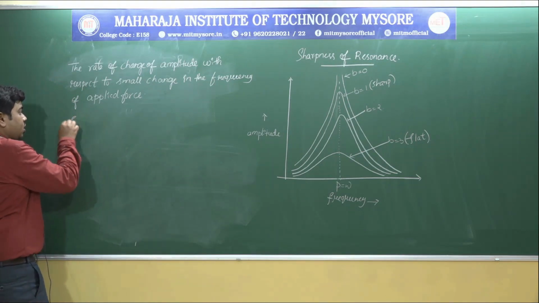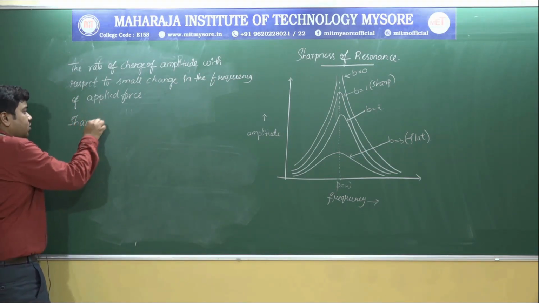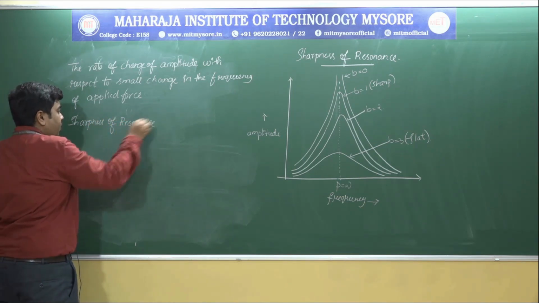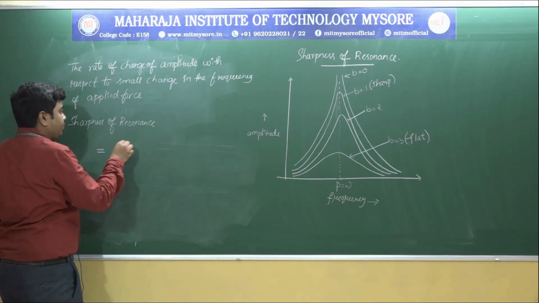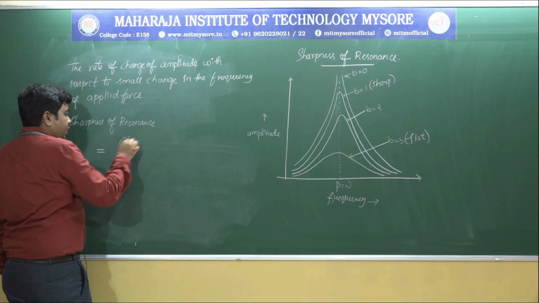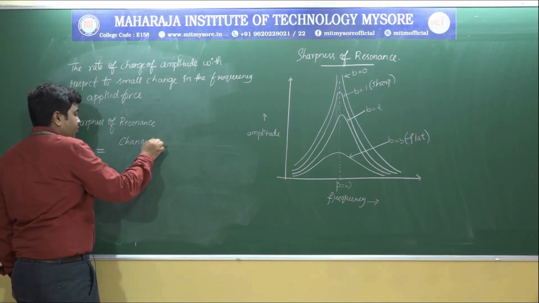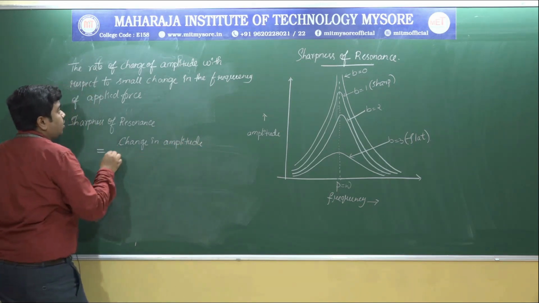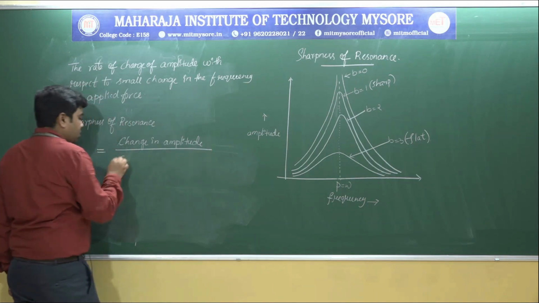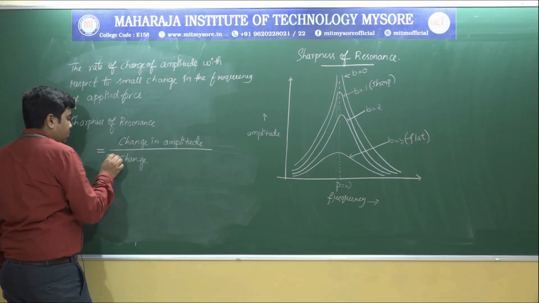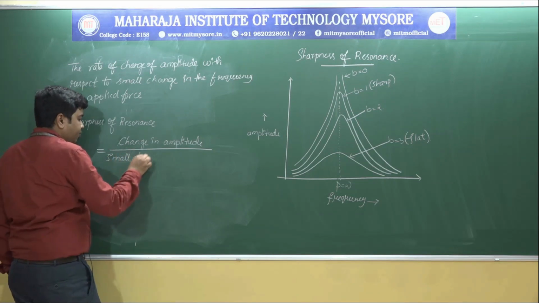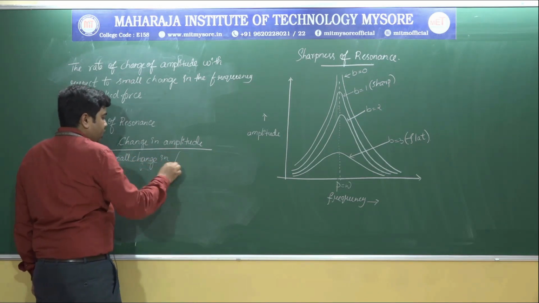So we can write sharpness of resonance is equal to change in amplitude divided by small change in frequency.